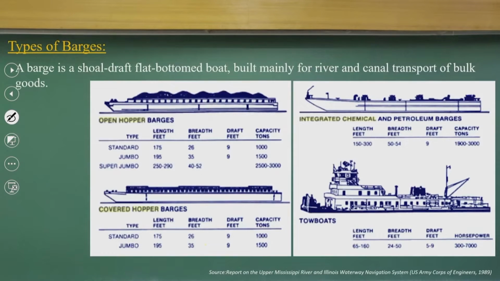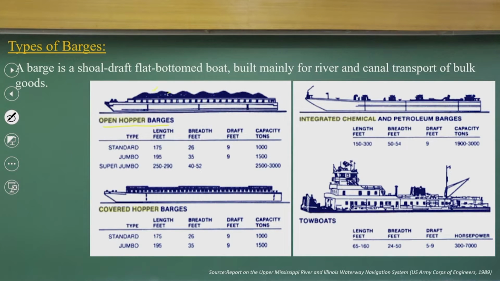there are barges which carry goods from one point to another in rivers or canals, transporting bulk goods. One is the open hopper barge.